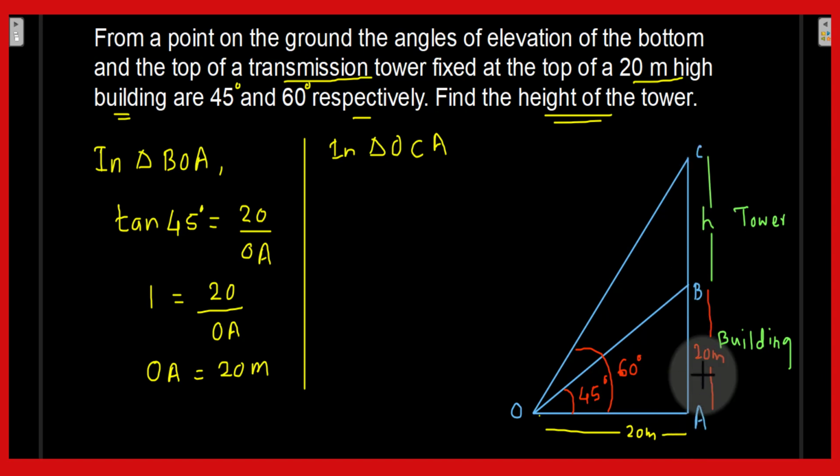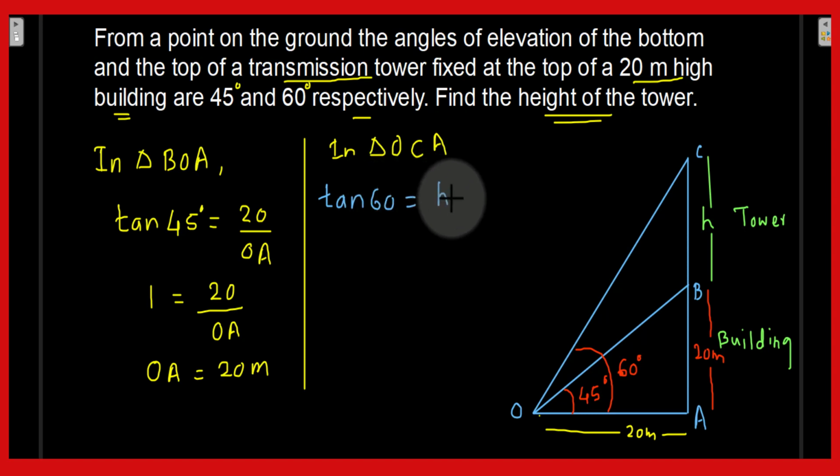So the opposite is AC, that is the height of the building plus the height of the tower. This total is the opposite side, and therefore it will be H plus 20. So tan 60 is equal to the opposite, that is H plus 20, upon the adjacent, which is 20 meters. This is the adjacent side.